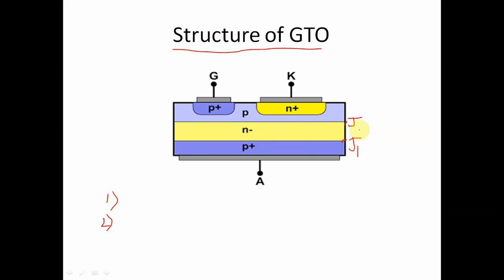This one is junction J1, this one is junction J2, and due to the P and N plus region, the J3 junction is generated. J1 is between P plus and N minus, J2 between P and N minus, and J3 between P and N plus region.